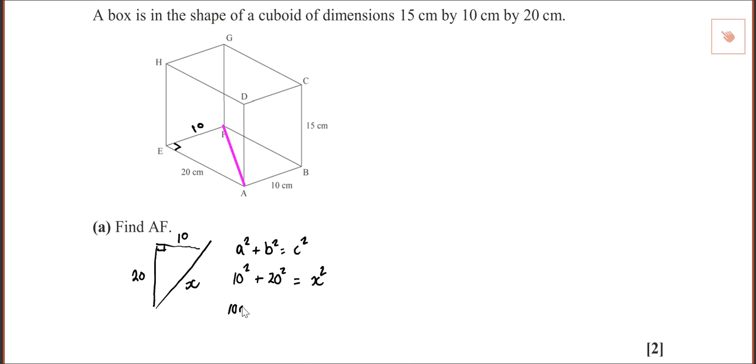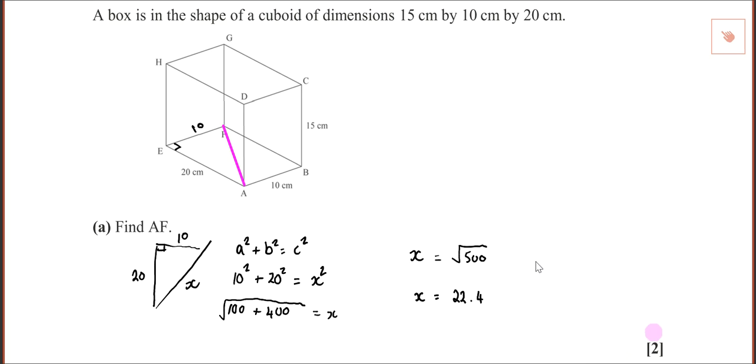So 100 plus 400, square rooted, equals x. So x is the square root of 500, which is 22.4.